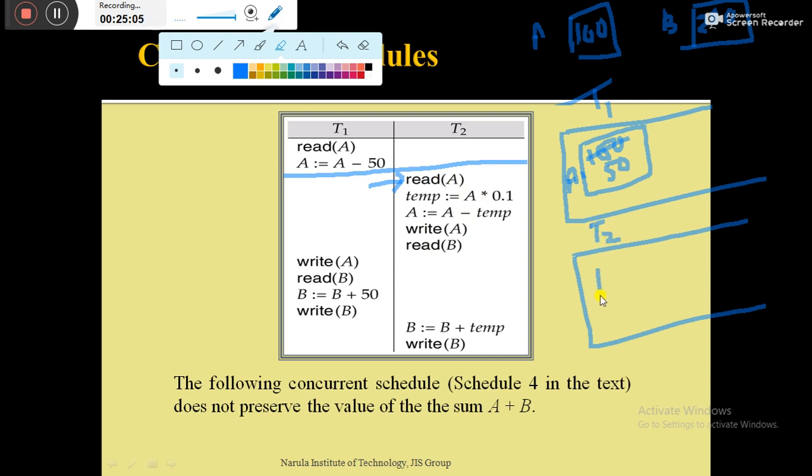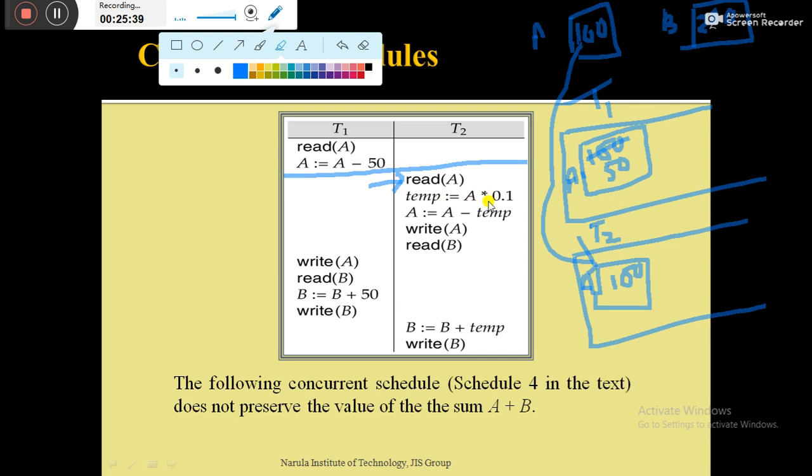Read A. So this is the place of A. Read A means transaction T2 reads A from the database. Though the value of A is modified, it is modified in the local buffer, not in the hard disk. So when T2 reads A, it is going to read the actual or old value of A. So it will be $100 or 100 rupees, whatever it be.